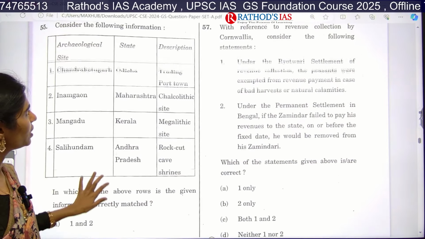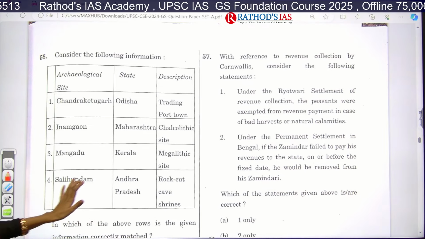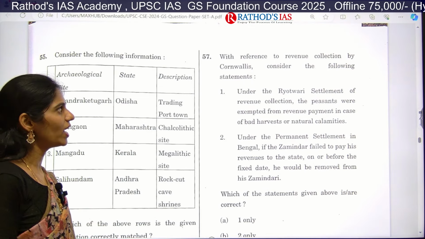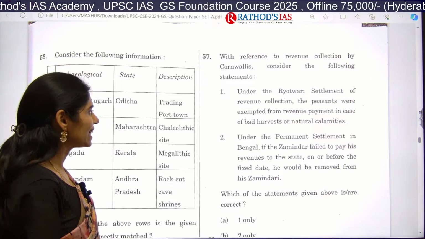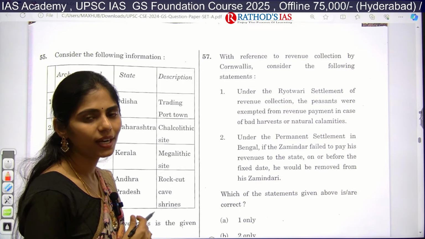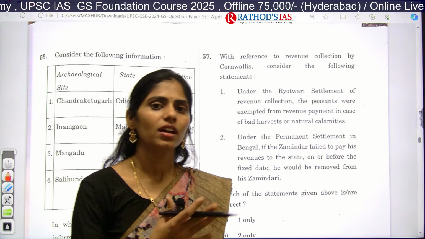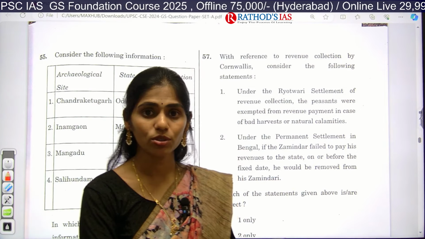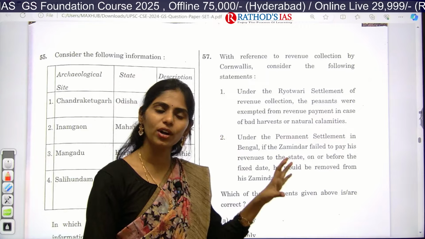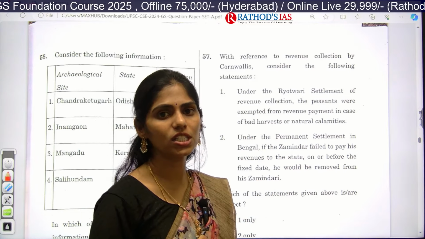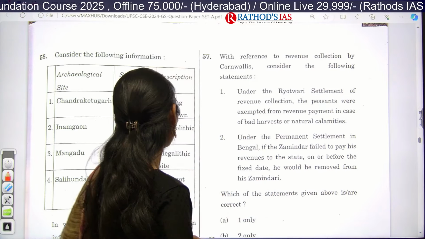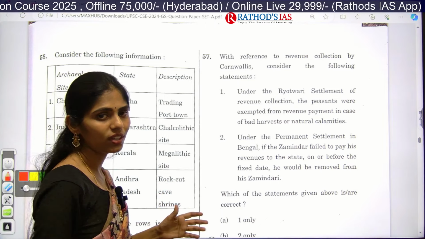And 57th question, with reference to revenue collection by Cornwallis, consider the following statements. So we have permanent land settlement systems, right, you know about Mahalwari system, Rayatwari system and Zamindari system. So this is a question about that, and this is one of the important and repeated themes in modern history. So let us see the 2 statements which are given.